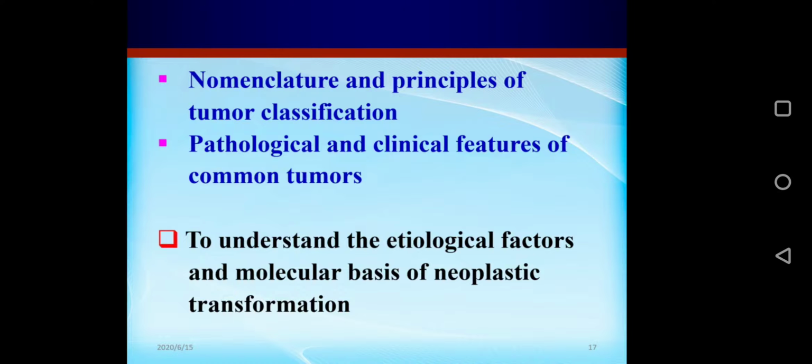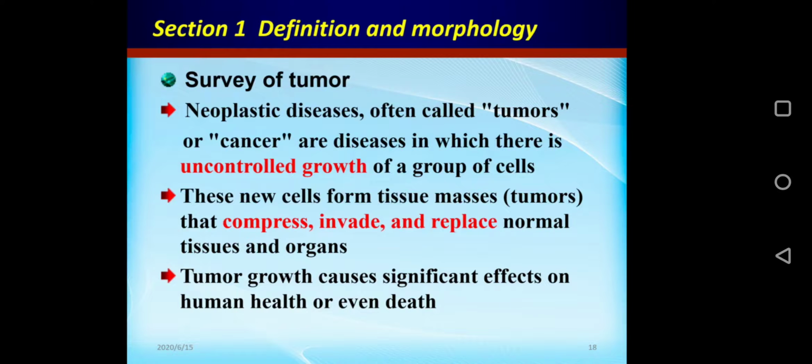We need to master the nomenclature and the principles of tumor classification, and the pathologic and clinical features of common tumors, and to understand the etiological factors and molecular basis of neoplastic transformation. Section 1, definition and morphology.